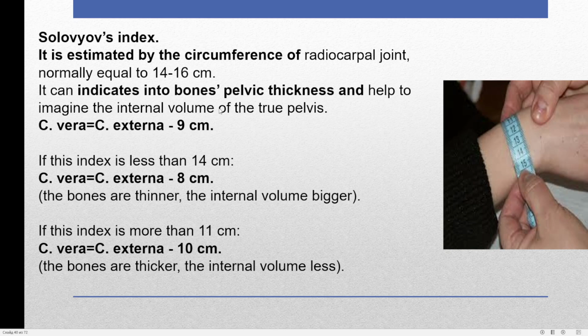If this index is less than 14, we know that the bones are thin. In this situation we subtract 8 centimeters from the conjugata externa. The bones are thinner, the internal volume bigger.